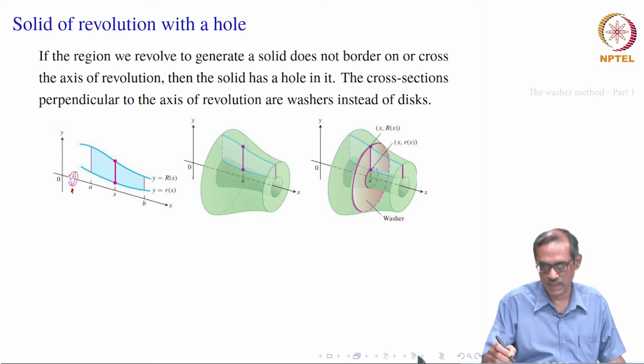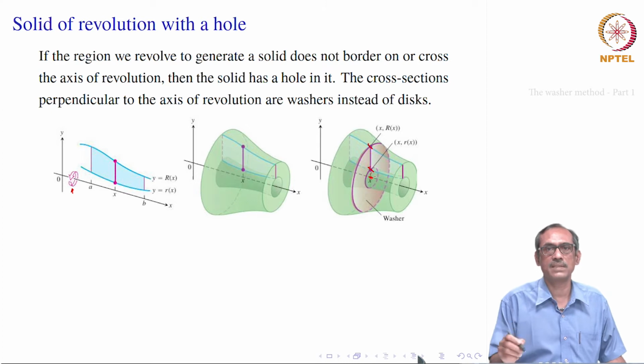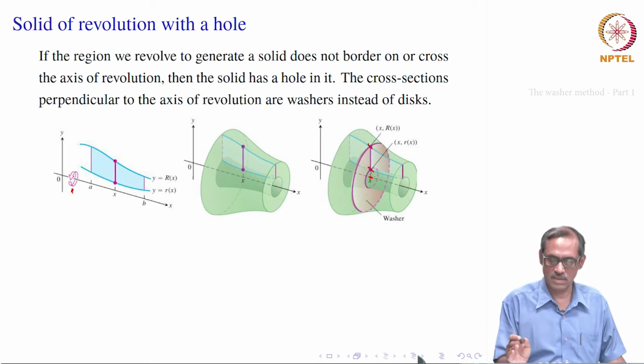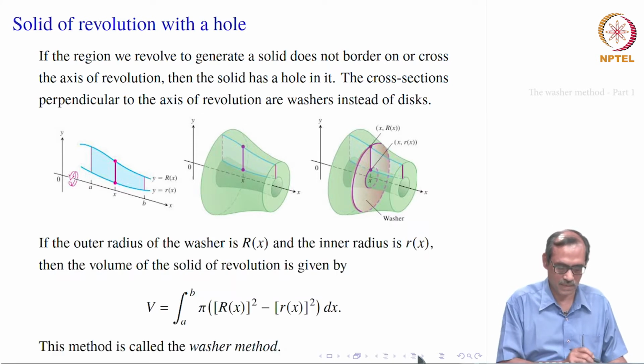Say its radius from the axis of revolution to that point is capital R(x), and the inside disc has radius small r(x). Then this area will be pi times capital R(x) squared minus small r(x) squared. That is really the area of the slice. Then it will be integrated to get us the volume. That is exactly what we do.